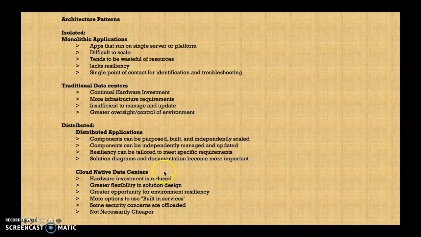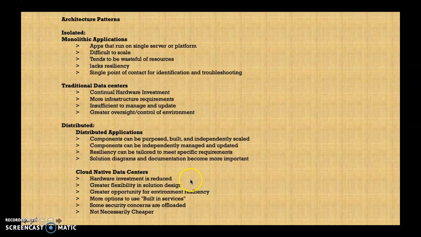Then cloud native data centers. Cloud native will have lesser hardware requirement because you don't really care about what hardware you are choosing, because you always go for IaaS, infrastructure as a service, platform as a service, software as a service. Those models don't really see hardware inside.